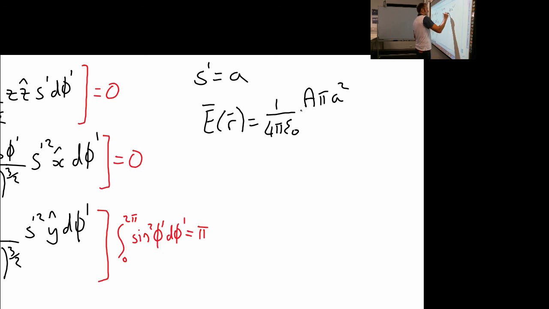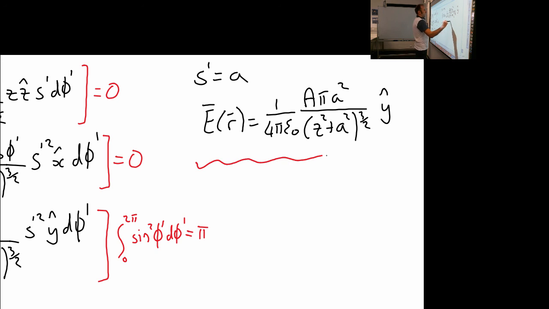Remember a is the radius, divided by z squared plus a squared to the power of 3 over 2, and we're in the y hat direction. Again, you can see that we've got no primes left, everything works out, and this is our final answer.